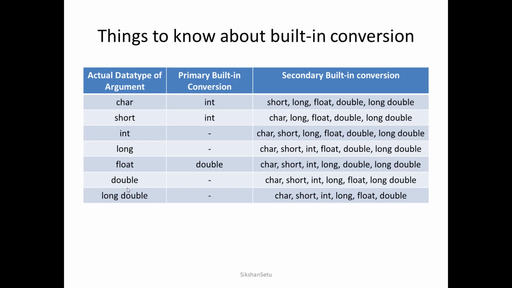But in secondary built-in conversion there are two cases. One case is that only one function with secondary built-in conversion exists, then definitely it will be called. But the second case is if more than one function exists with secondary built-in conversion, then the compiler will be confused and an ambiguity error will be generated.